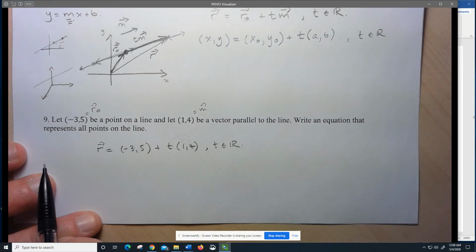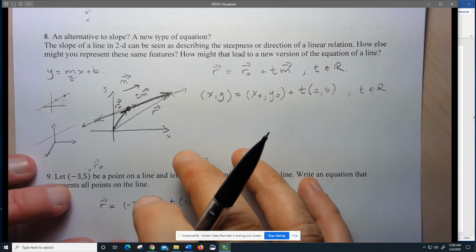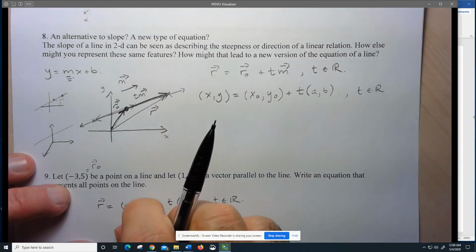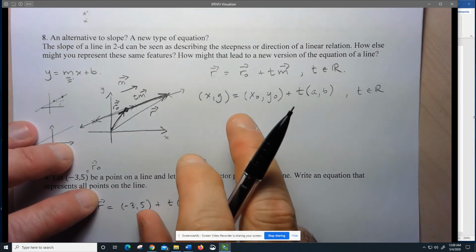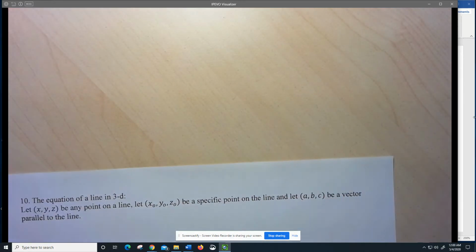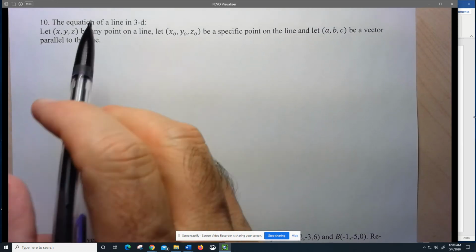All right, so why do we bring up yet another way of defining a line? We had two other nice equations for a line in 2D, but this is the one that I can now easily upgrade to 3D, because now we're going to do the same thing.